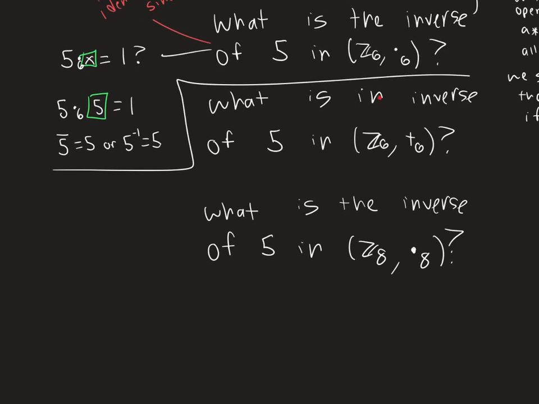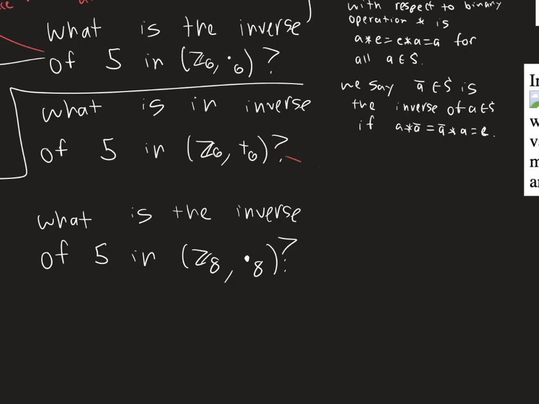All right. What is the inverse of 5 in this other situation? Well, we need to figure out, what's the identity? The identity is 0 since 0 plus a, with addition mod 6, equals a plus 0 equals a for all a in Z6. Now this question is asking 5 plus what equals 0.